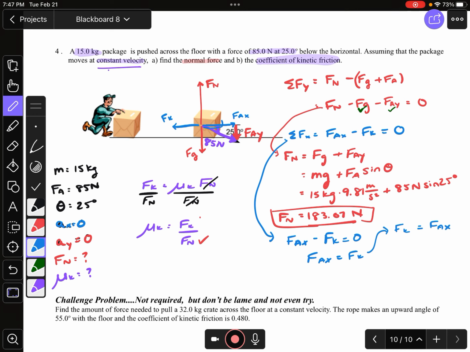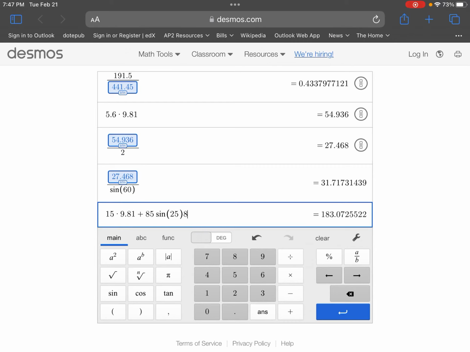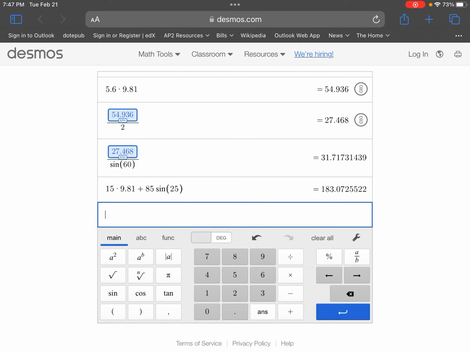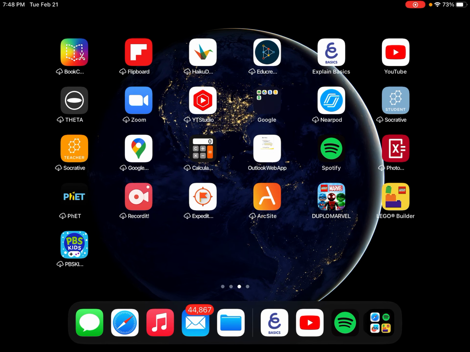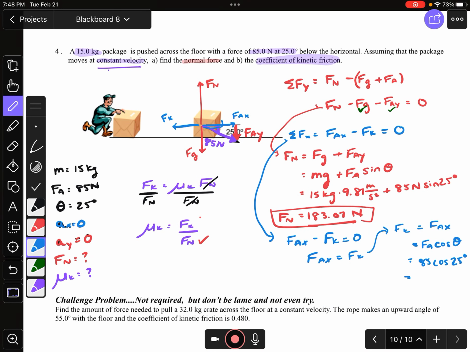Now, Fax is on the adjacent side, so that's the hypotenuse, or Fa, cosine of theta. So I have 85 cosine of 25. I get 77.036 newtons. All right.